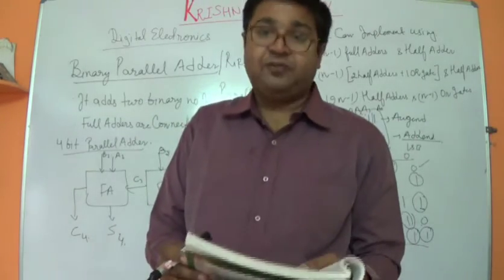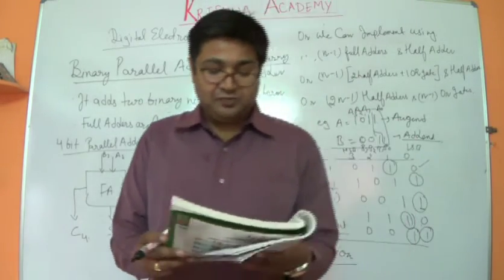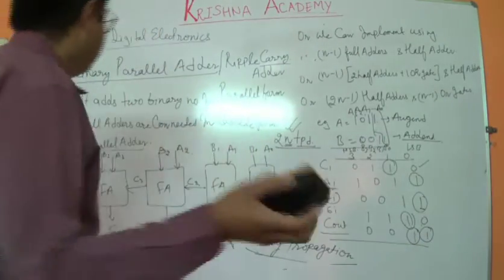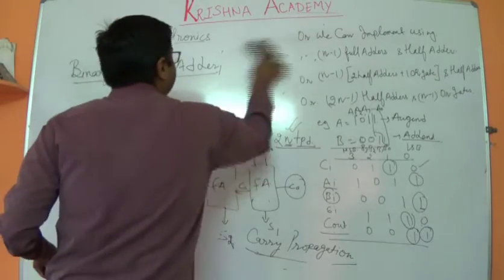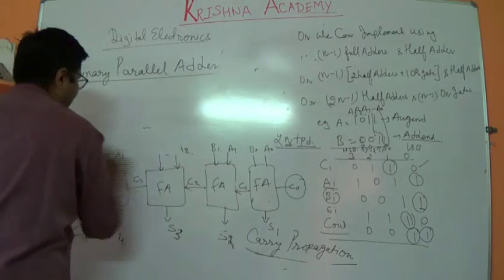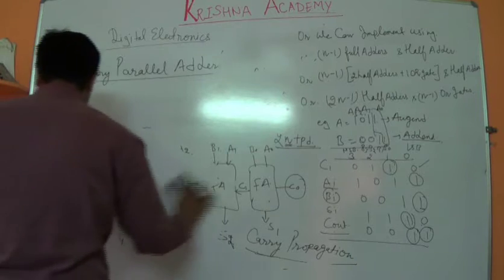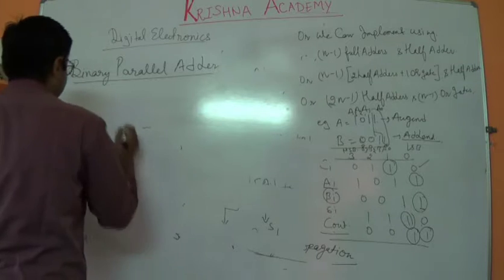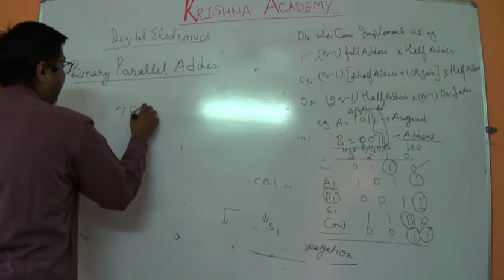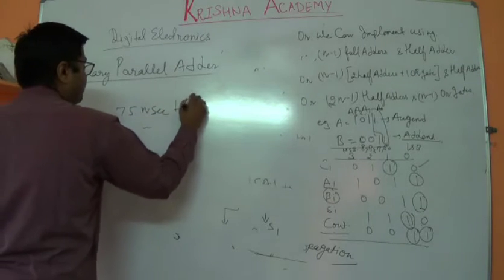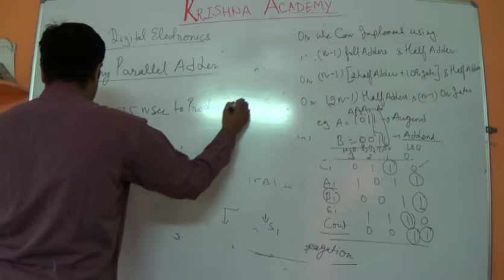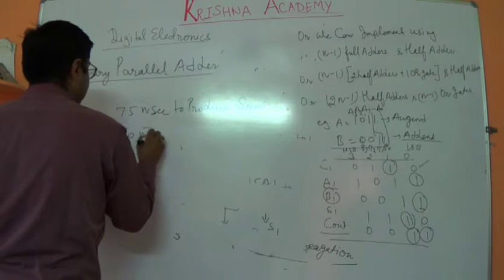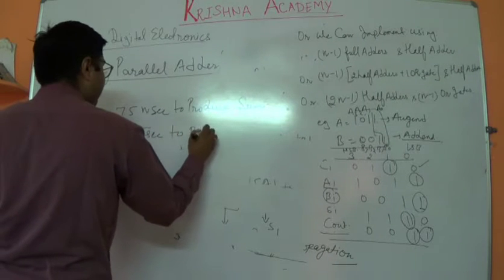Now, let's take an example of how this creates a problem. In a circuit, a 1-bit full adder takes 75 nanoseconds to produce sum and 50 nanoseconds to produce carry.